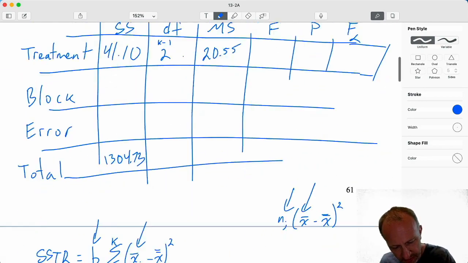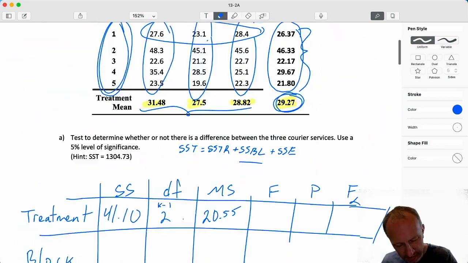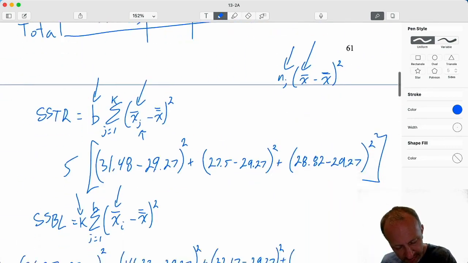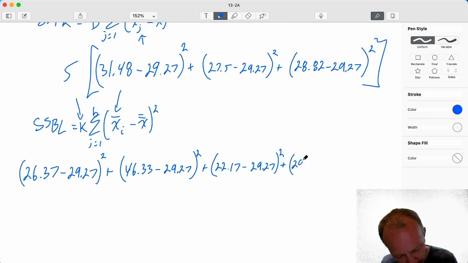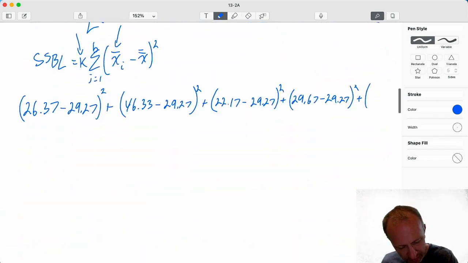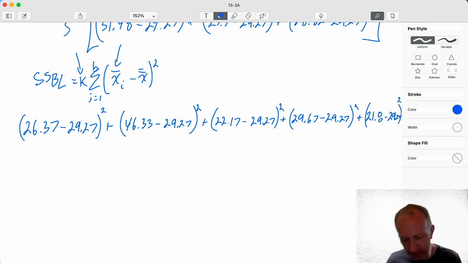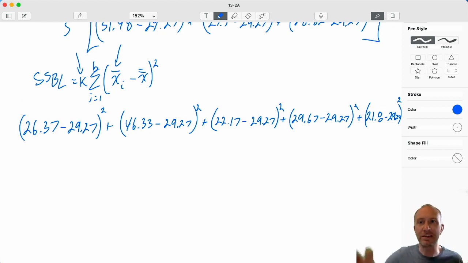Next one, 22.17 minus 29.27 squared plus 29.67 minus 29.27 squared plus, I'm just going to squeeze in this last one, 21.8 minus 29.27 squared. I love how my writing starts off big.